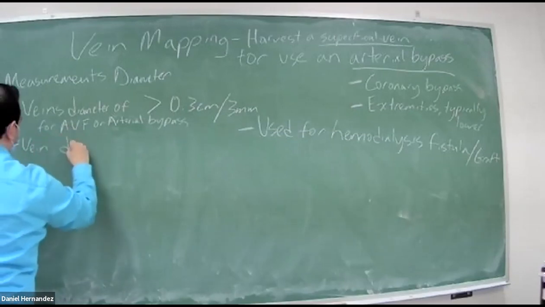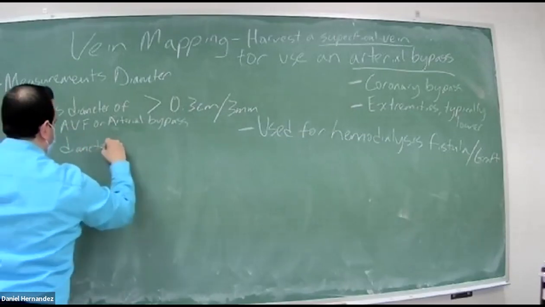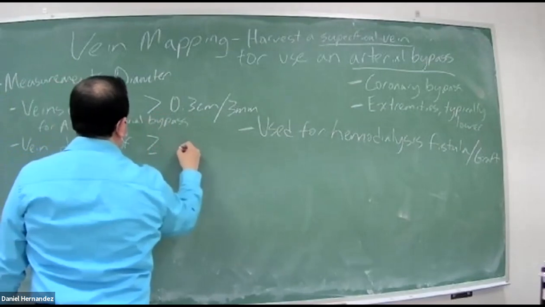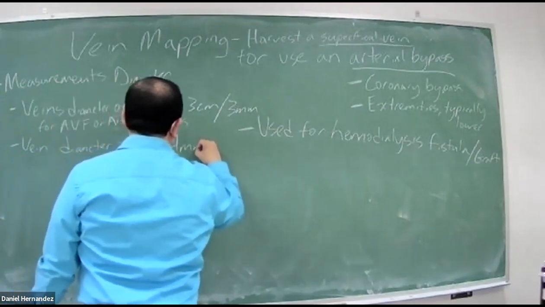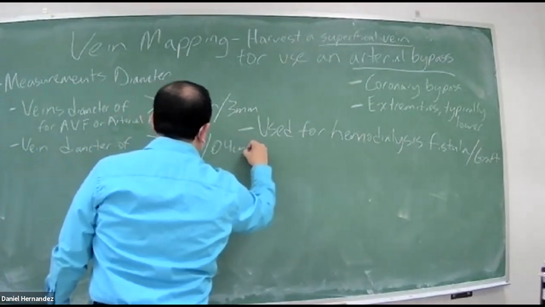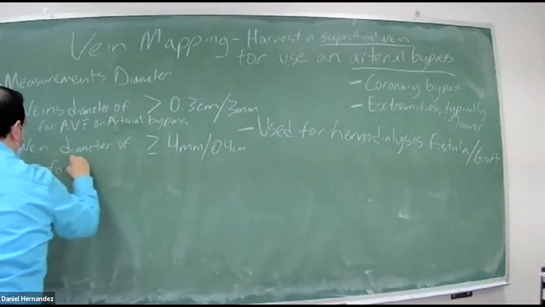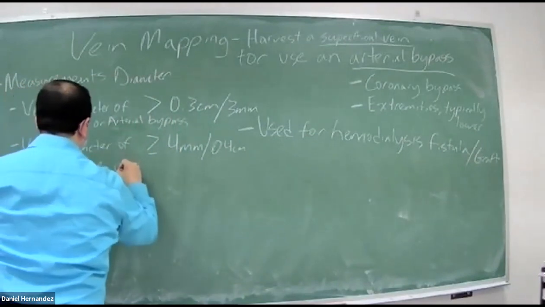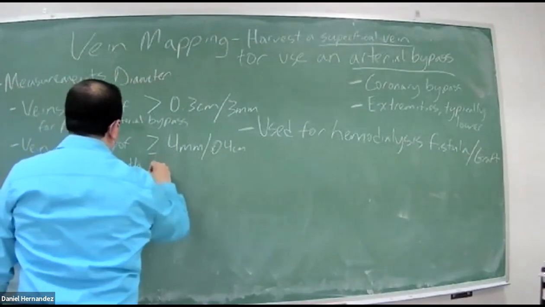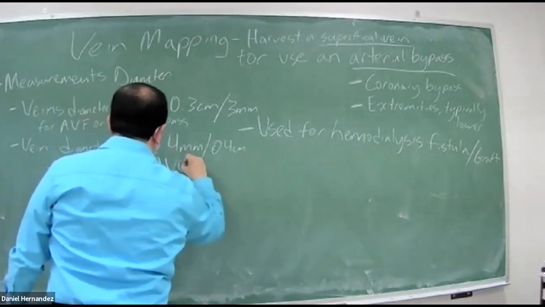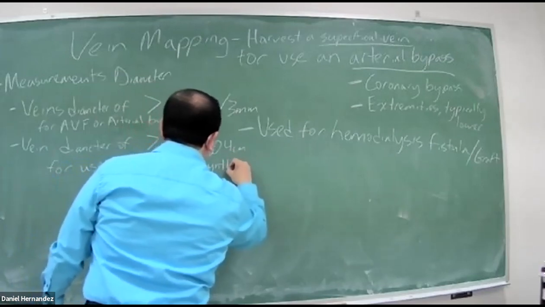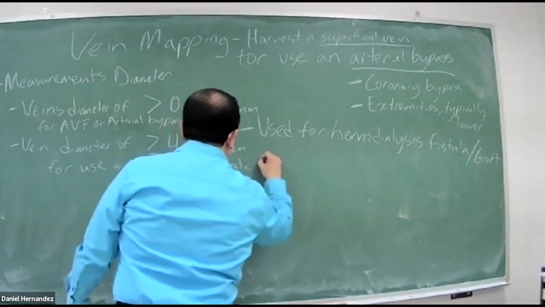Vein diameter of greater than or equal to 4 millimeters, 0.4 centimeters, that's for use with an AVG, an arterial venous graft. So those are the synthetic grafts.